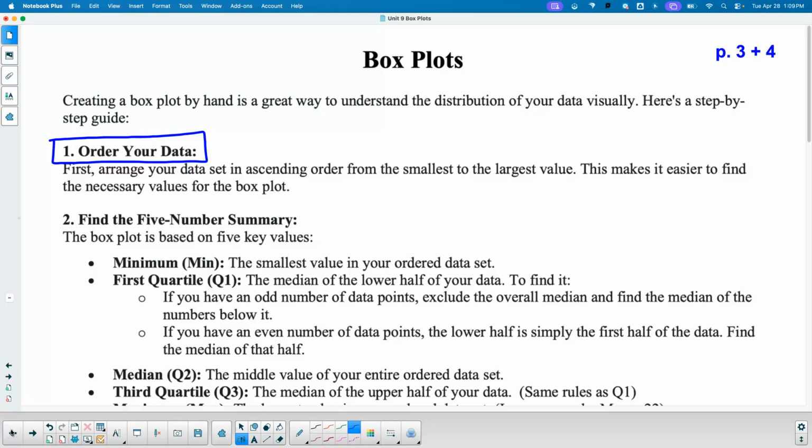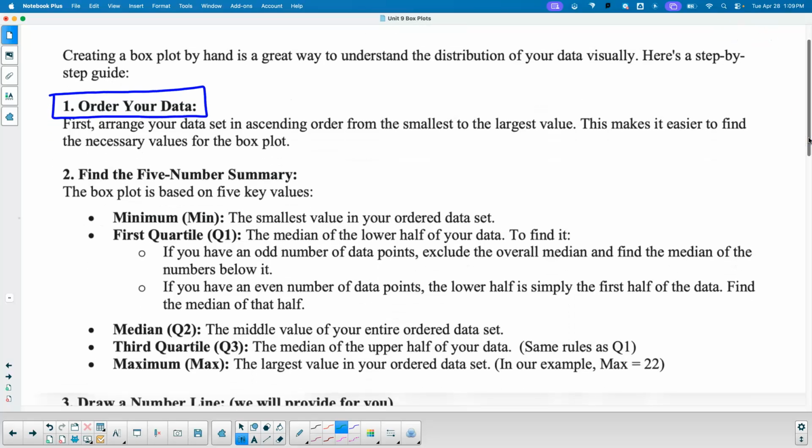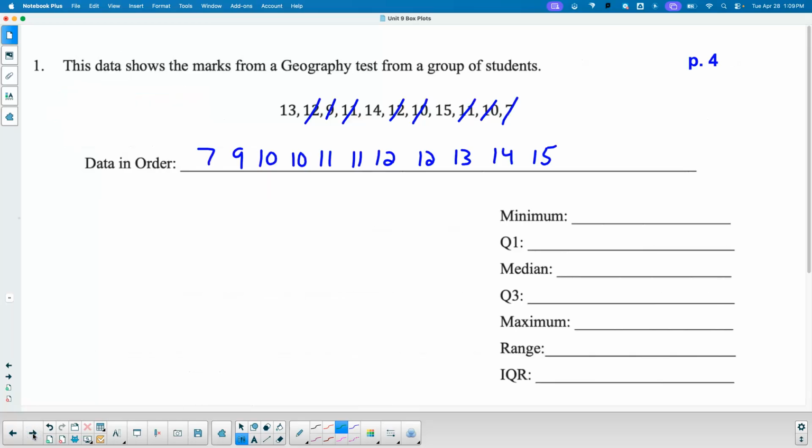Step number 2 is you're going to find what we call the 5-number summary. So the 5 numbers that you are looking for are right here. The first one is the minimum. That's going to be the smallest value, the first one in your new ordered list. So what is the minimum here? 7. 7 is my minimum.